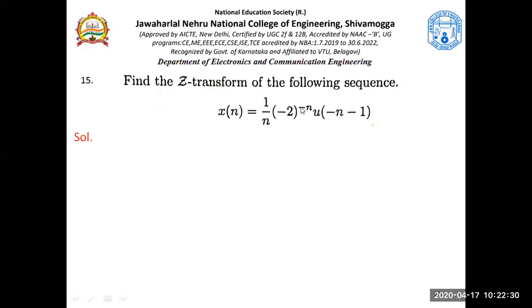This minus can be got rid of by making this half, so it can become minus half to the power n. But this minus is not outside, it is inside, so it is minus b to the power n you can make. So except this, we can at least adjust this to be a standard form. But this is there, which is creating a problem in this case.